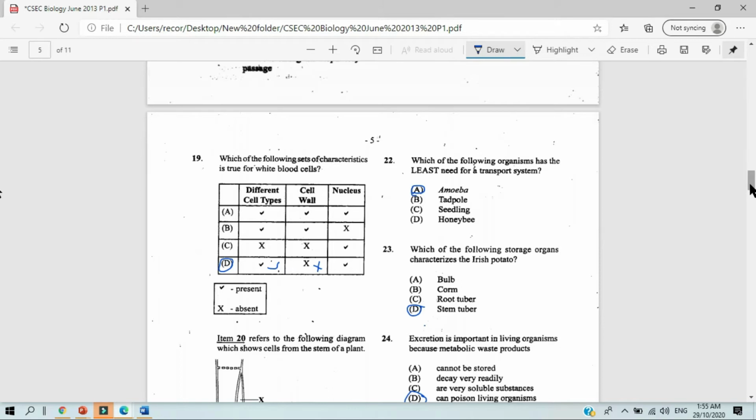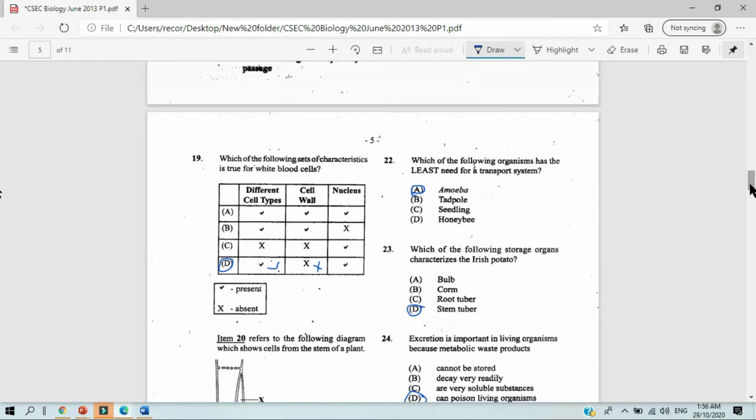So here the amoeba does not require a complex circulatory system because it's very small. When you look at the volume to surface area, you find that it would have been easy for diffusion to take place. So the answer for 22 is going to be A, as is selected there.